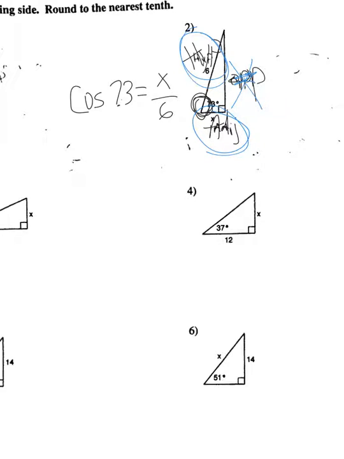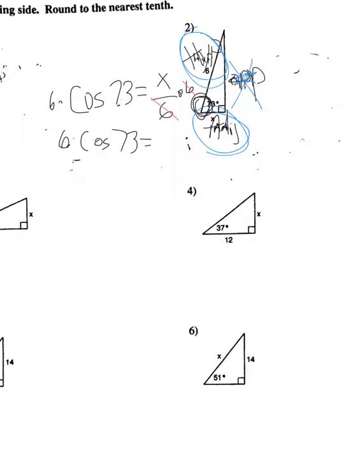Now, x is on top, 6 is on the bottom. Anytime you want to get the fraction out of your equation, you multiply by what's on the bottom. When there's an x there, it's especially important because we need to get x out of the denominator. But with 6, it makes things easier because you're going to multiply by 6 here, multiply by 6 on the other side. The 6's cancel here, but then x will simply be 6 times cosine 73, and that's all you'd have to do. That would give you your answer.